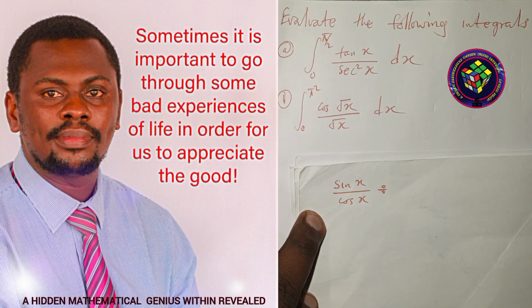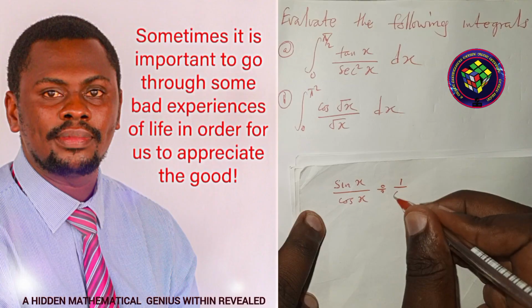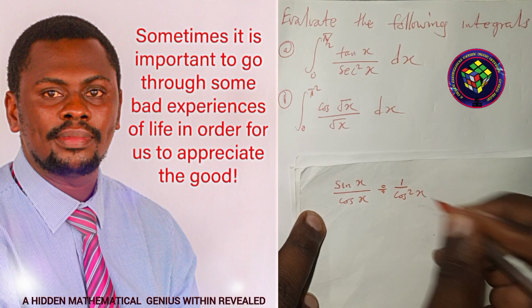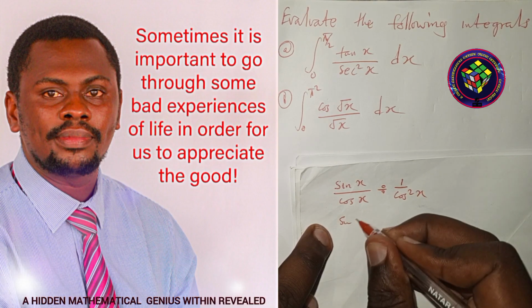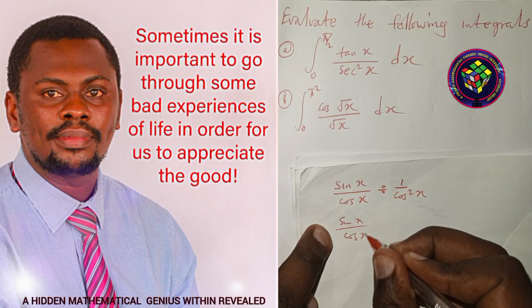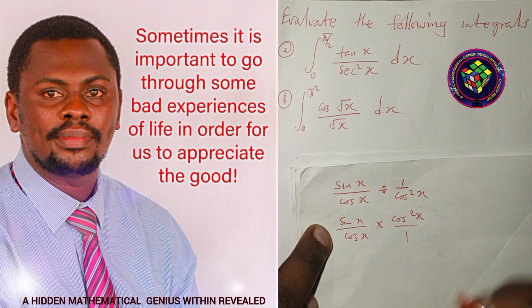Sec squared is 1 over cos squared, so divide by 1 over cos squared x. When you are dividing fractions, we need to change to multiplication. So it will be sine x over cos x times cos squared x over 1.